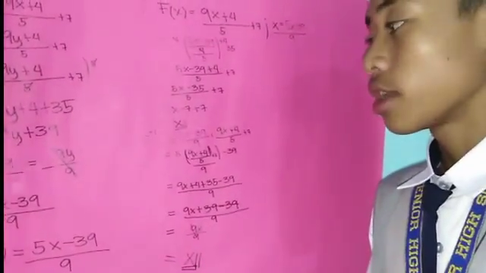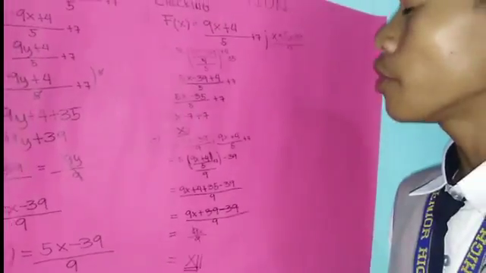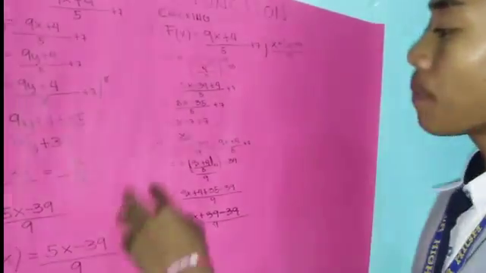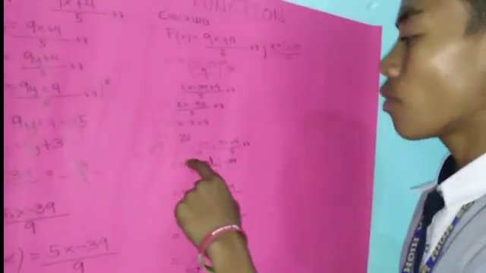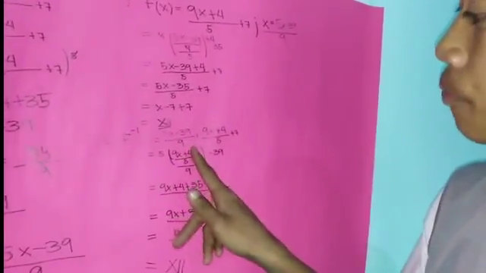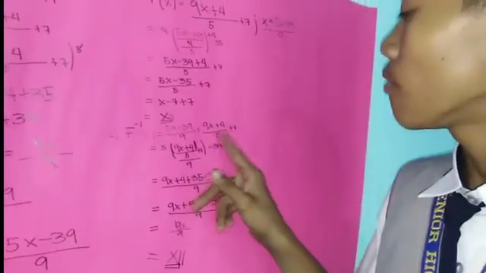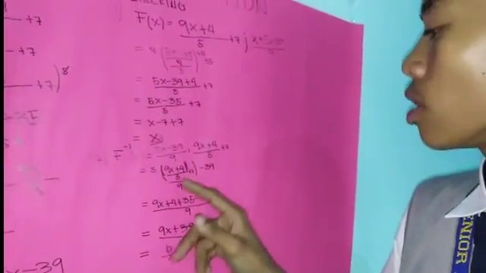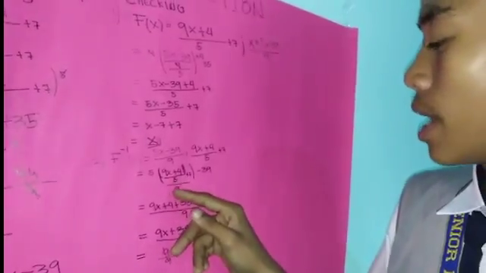So this is number 2, checking evaluation. Solve for f to the power of negative 1 quantity x when x is f of x. So f to the power of negative 1 quantity x equals (5x minus 39) over 9, and x is (9x plus 4) over 5 plus 7, so it equals (9x plus 4) over 5 plus 7, times 5, minus 39, over 9.